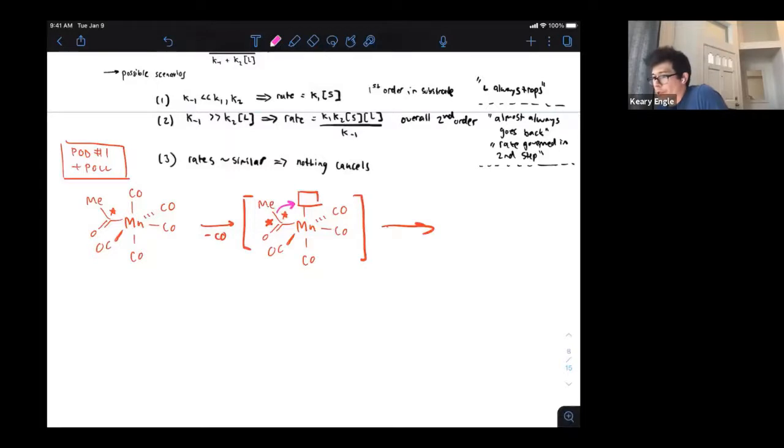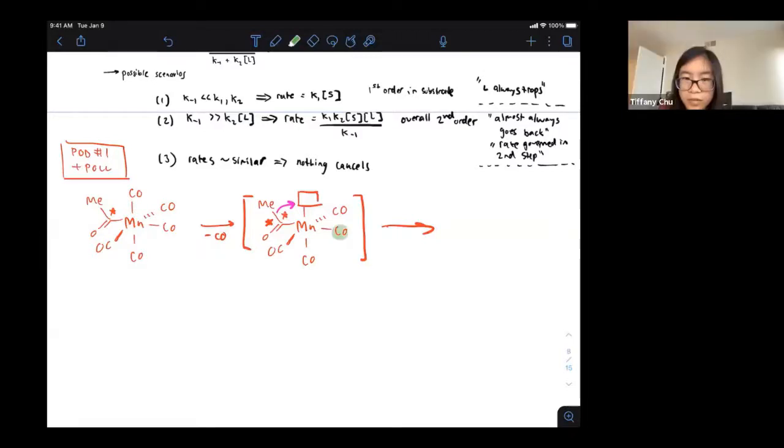Maybe I'll ask one follow-up question, Tiffany. What would happen if in this first step, rather than the carbonyl that I depicted leaving, say this carbonyl left? I guess it wouldn't be very productive. Right, exactly. This probably may very well happen, but it is non-productive.